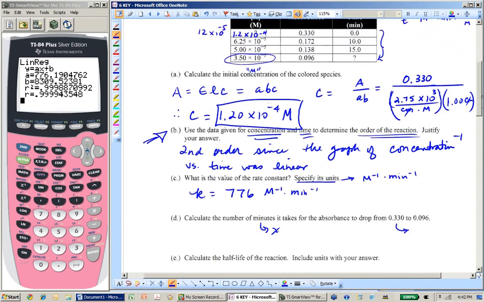So I need to understand that my quest really is to find the time, not for the absorbance to drop, but to calculate the number of minutes when the concentration is equal to 3.50 times 10 to the -5. Okay, this was a little bit rude, a little bit unnecessary, but that's what we're faced with doing.